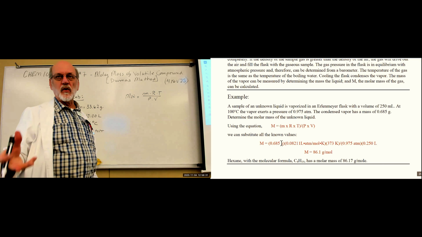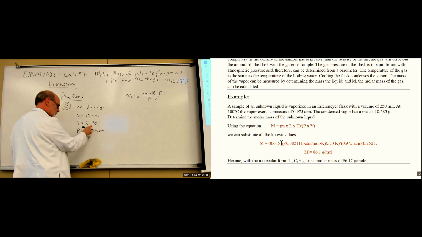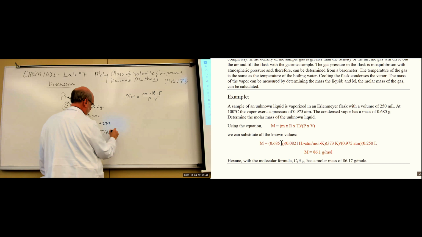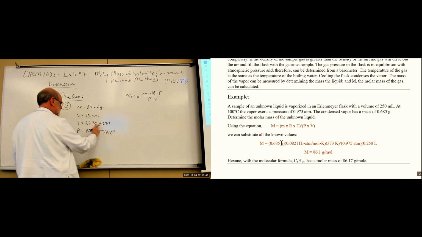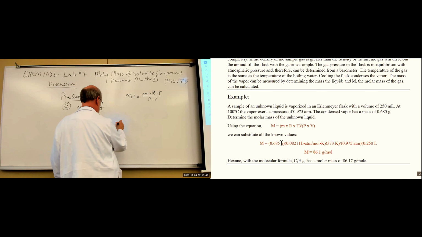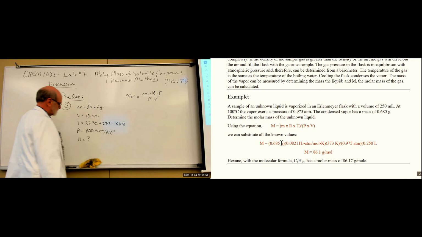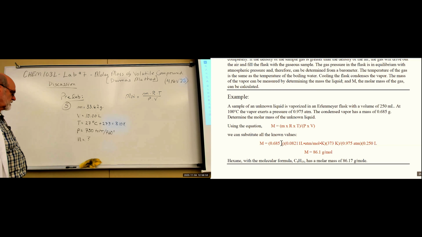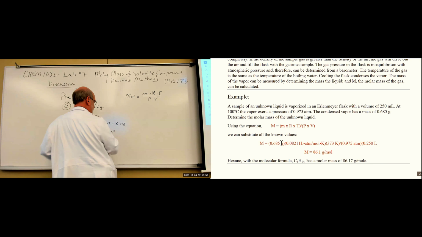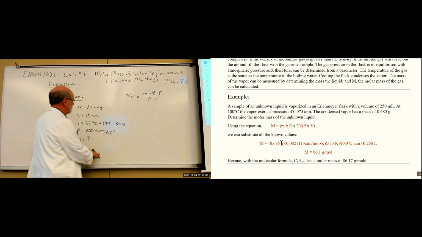So if R is going to be liter atmospheres per mole K, that one's got to be changed. This one has to be changed. This gives us atmospheres, this gives us K. So that would be 310. Calculated correctly? Nope. 300. Yep, 300, sorry. There we go. This one's correct.